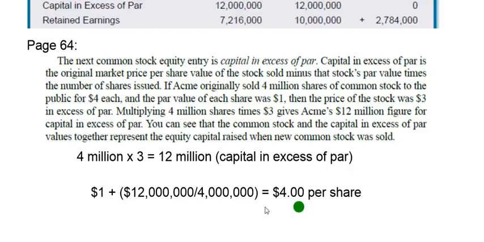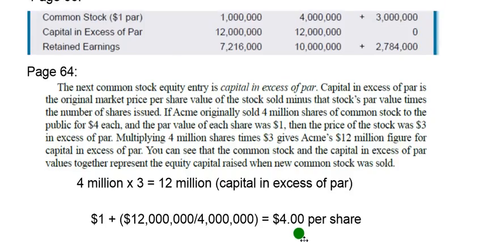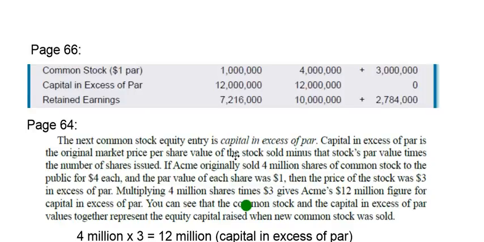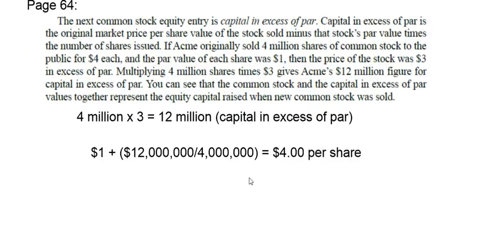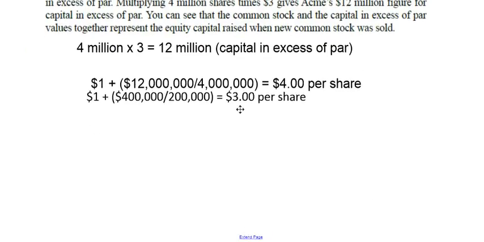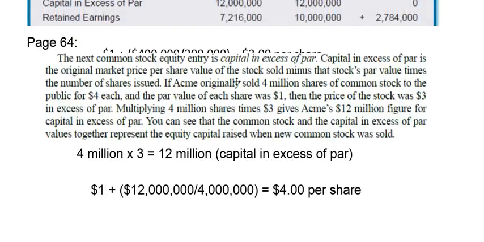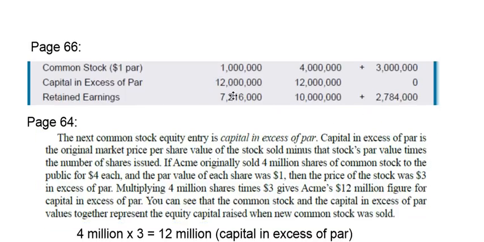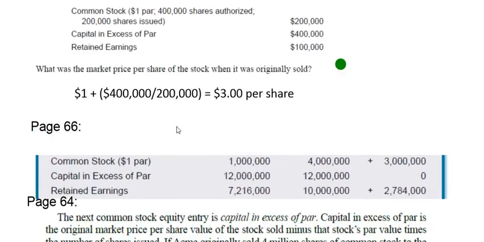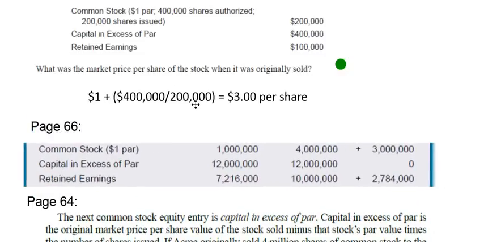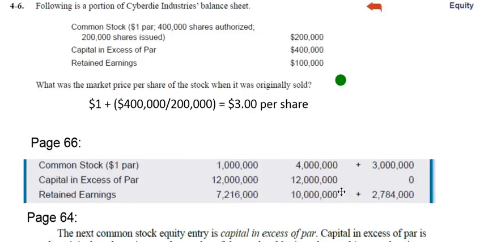Okay, so if we apply this to our problem, let's jump back up here. Give me 1 second, and I'll just scoot this up so we can see it where we need to see it. There we go. So if we apply this same process, par value here is again $1.